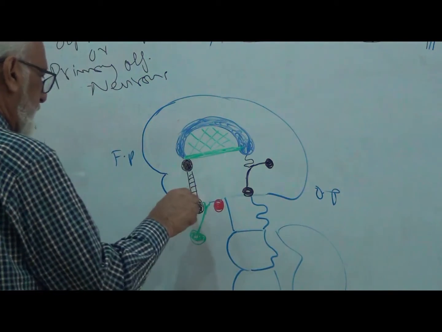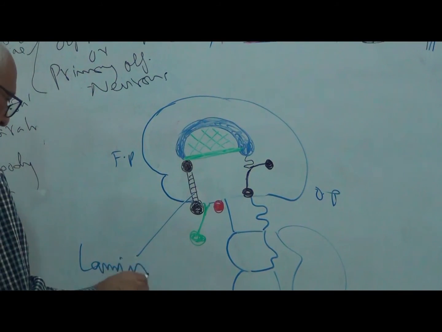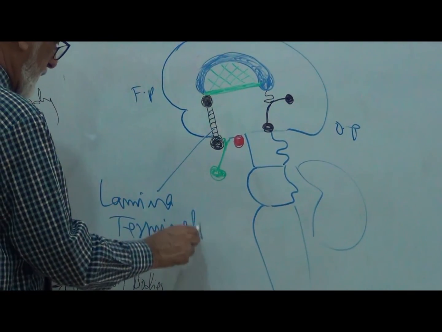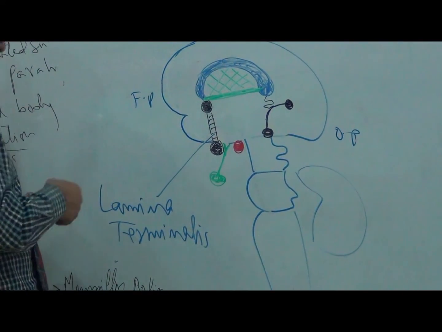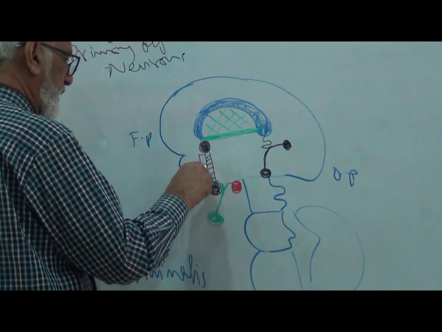Now here this is lamina terminalis. Now just in front and parallel to the lamina terminalis, there is a gyrus.